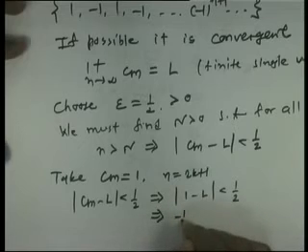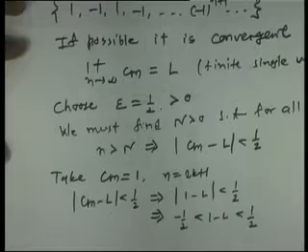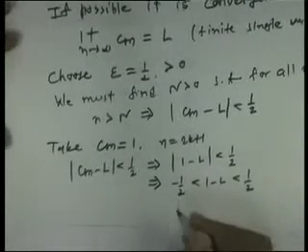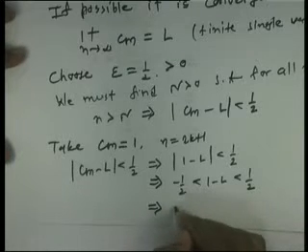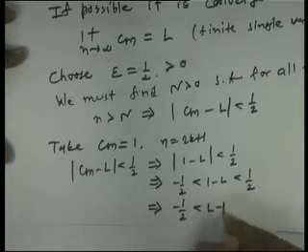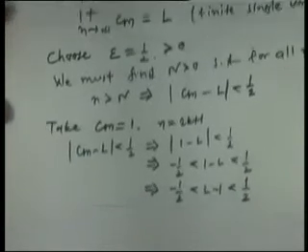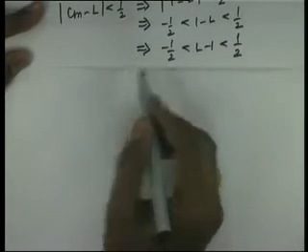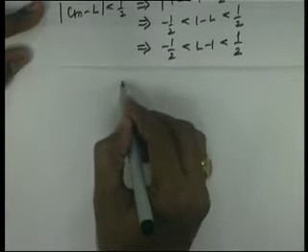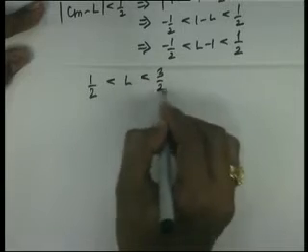This can be rewritten as minus 1 by 2 less than 1 minus L less than 1 by 2, because of the modulus. Multiply all the sides with minus sign. We can again write minus 1 by 2 less than L minus 1 less than 1 by 2. If we add 1 in these inequalities, then we have 1 by 2 less than L less than 3 by 2.